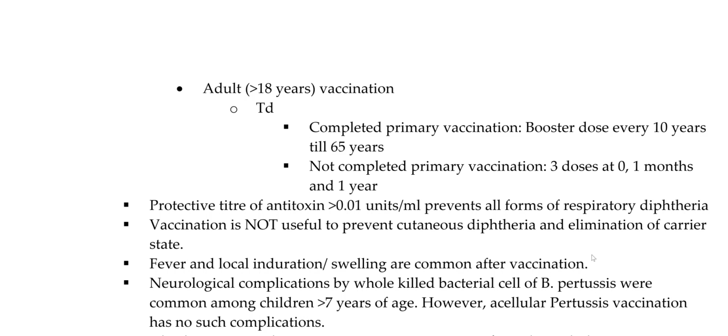Once you've given it, you can give a booster every 10 years till 65 years of age. But if a person has come with incomplete vaccination, that is, not completed primary vaccination, then you should give three doses, one at zero, that means the day when that person presents, then at 1 month, and finally at 1 year. So that is about adult vaccination of diphtheria.